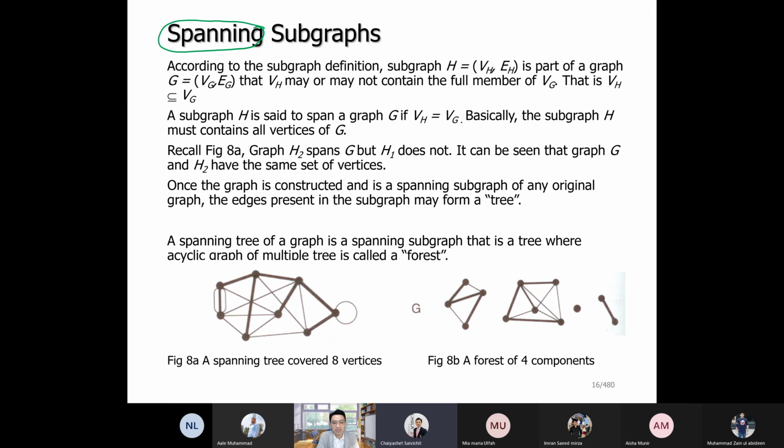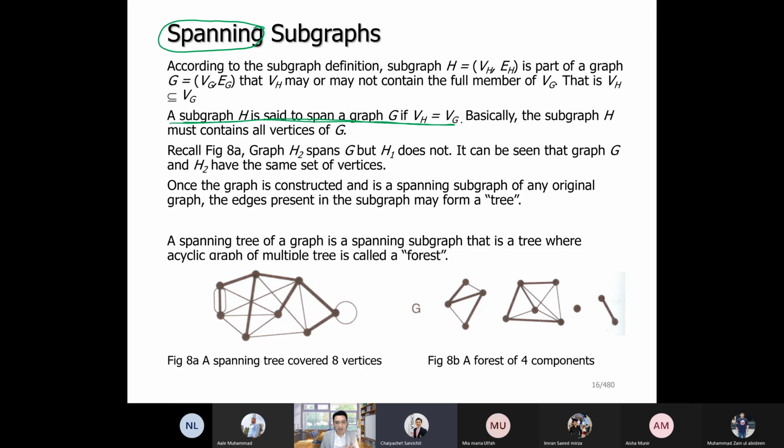A subgraph H is said to span a graph G if VH is equal to VG. Look at this definition. In this one, we require all nodes in G to appear in the subgraph H. For example, in figure 8A we have 8 nodes.